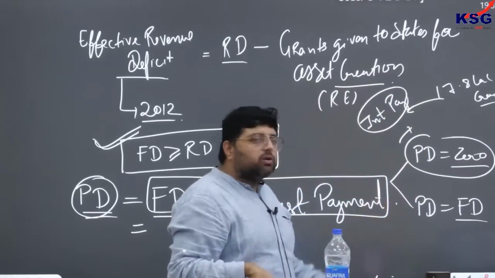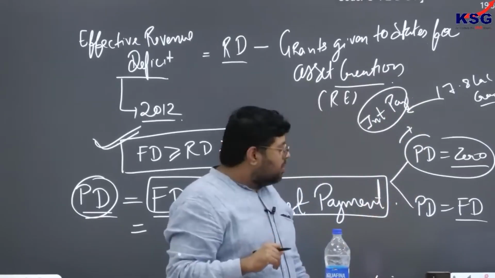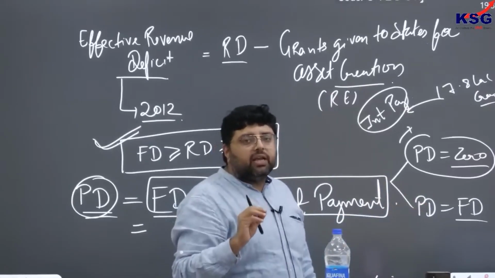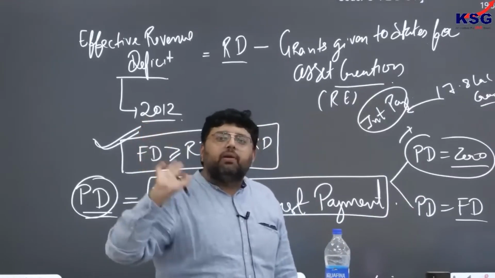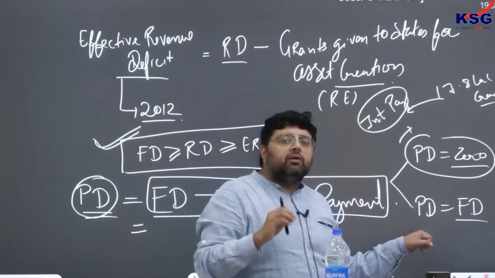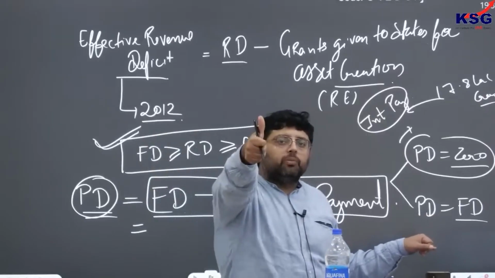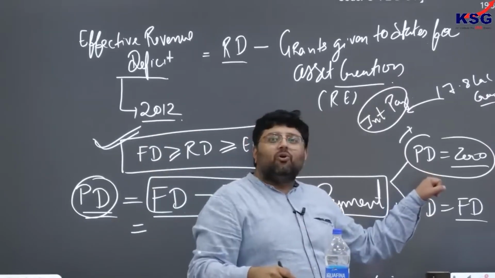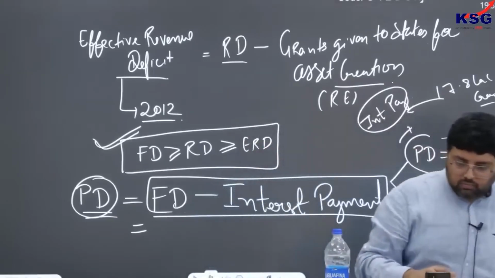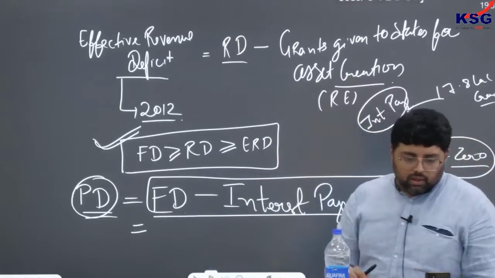So PD equal to 0 is not good for the economy. But if PD is equal to FD, it means whatever total borrowing I have taken, I don't have to pay any interest. So the more the value of PD is near to FD, the better it is for the economy. But if it is near to 0, then it is not good for the economy. Clear?